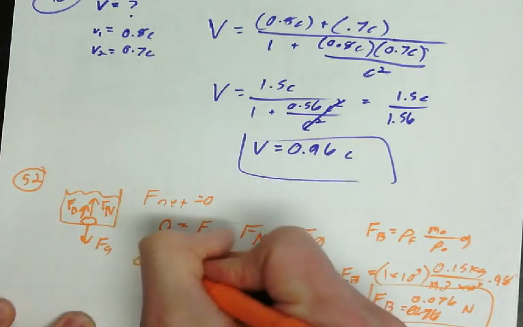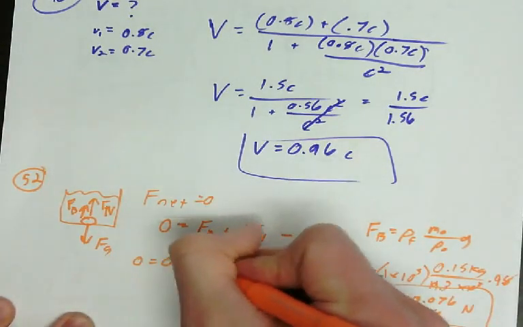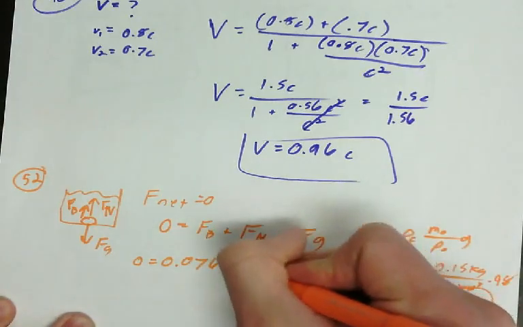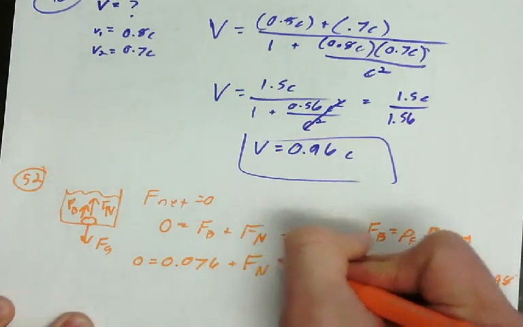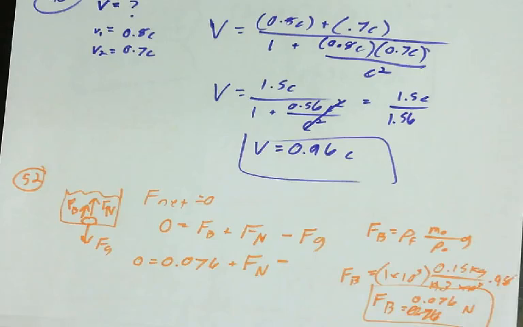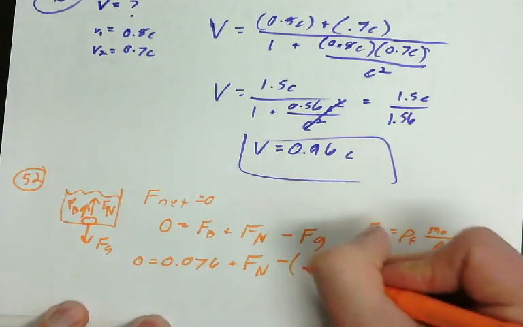So the buoyant force is 0.076. Normal force we don't know. Minus gravity, which we can find. So force of gravity is mass times 9.8.